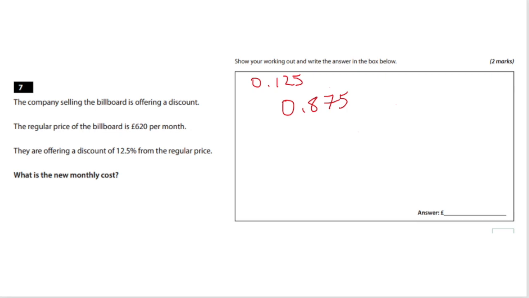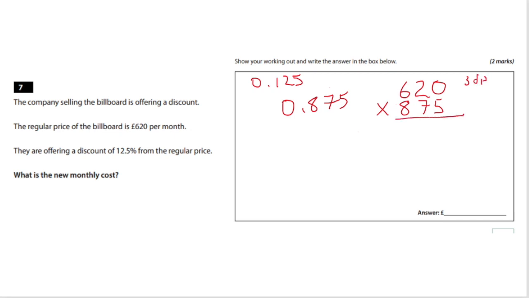Effectively what we're doing is we're lowering each pound to 87.5p. So what I would do is I'd do a long multiplication and then put my decimal places in at the end. So we'd have 620 multiplied by 875. Remember, that's 3 decimal places I'm going to put in at the end.